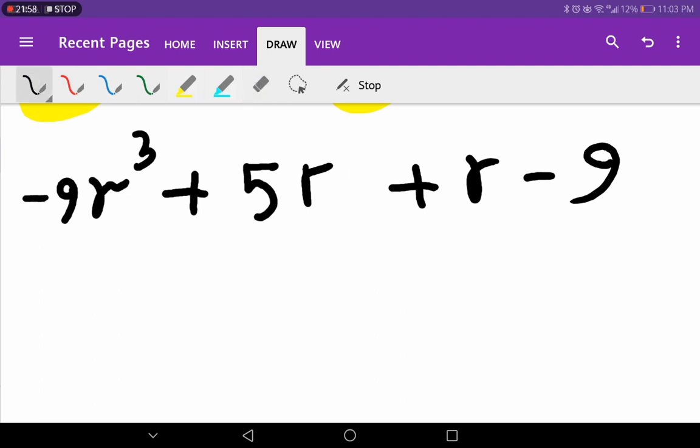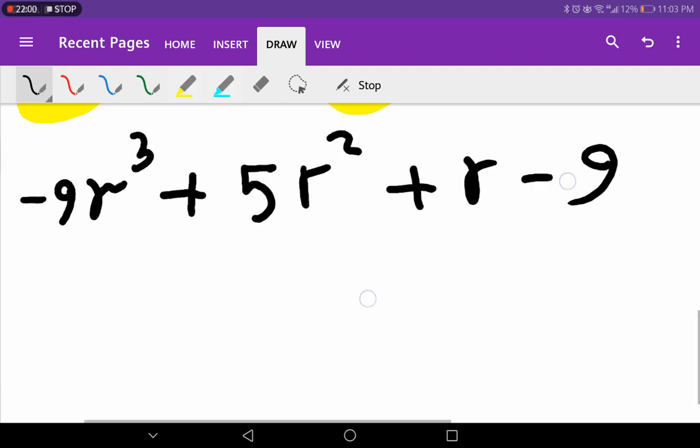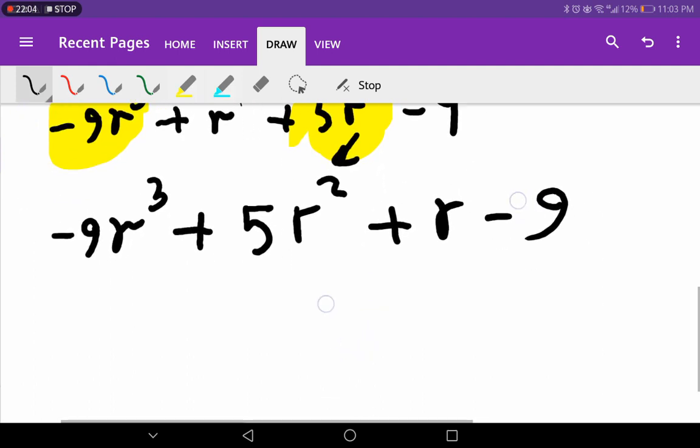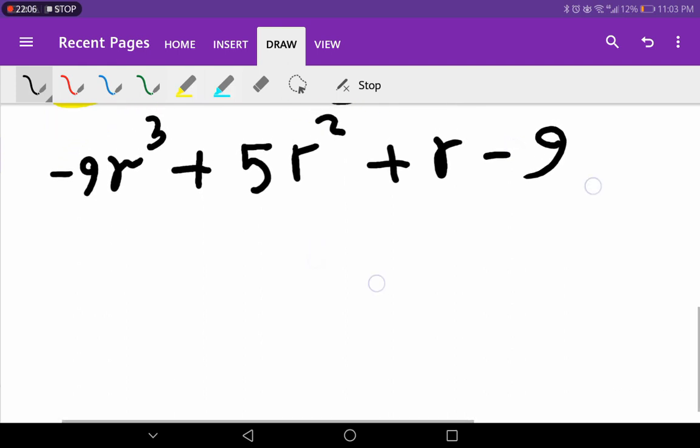I'm so sorry, I confused. Okay, because this is the same, okay? Now standard form means I write the polynomial from the highest power to the least power. The constant, you know that the power of the variable is 0, okay?